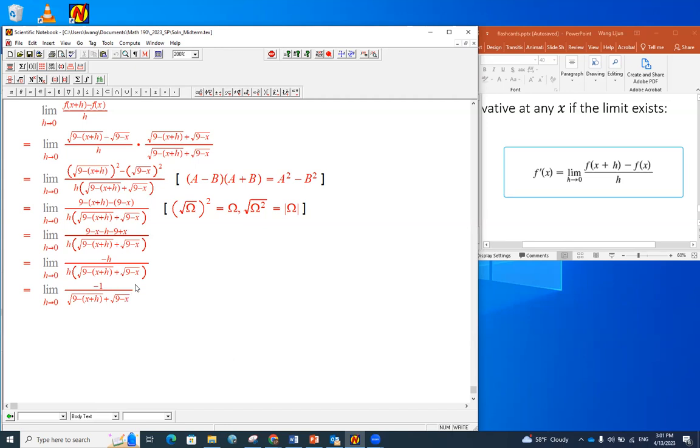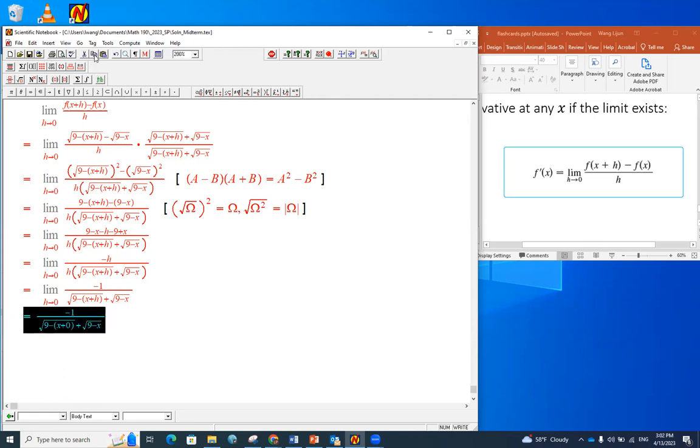By this time, finally, we can do direct substitution. The consequence of the direct substitution is the following. h will be replaced by 0, no other h.